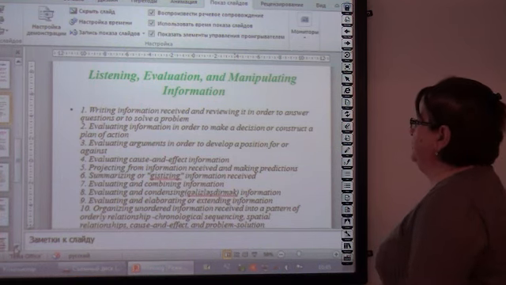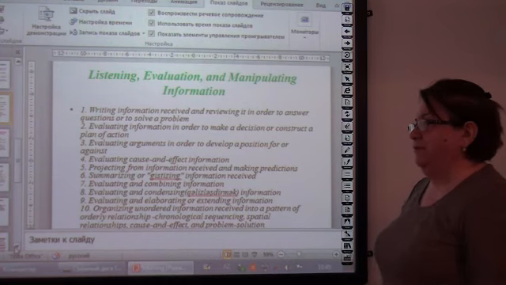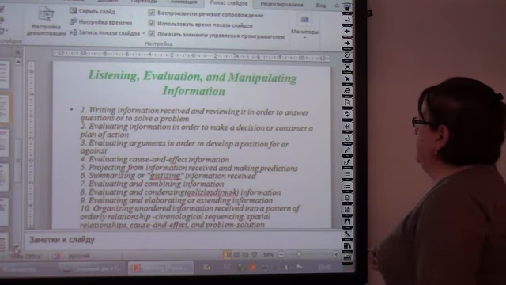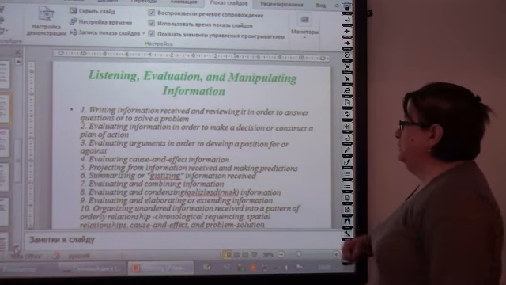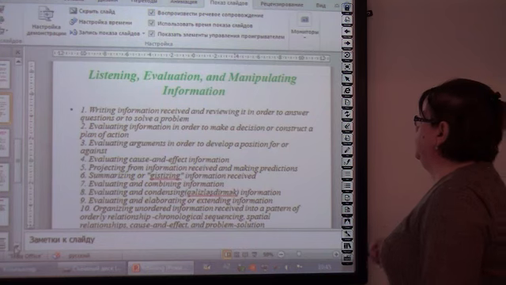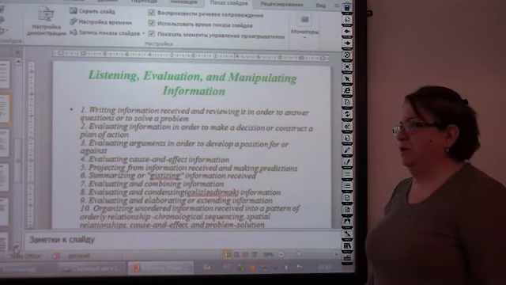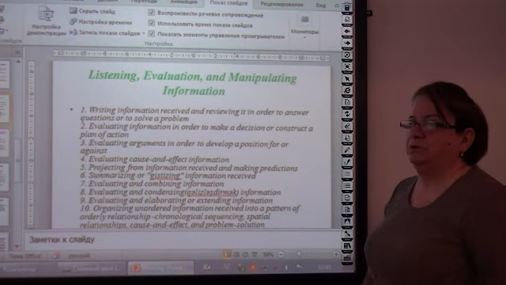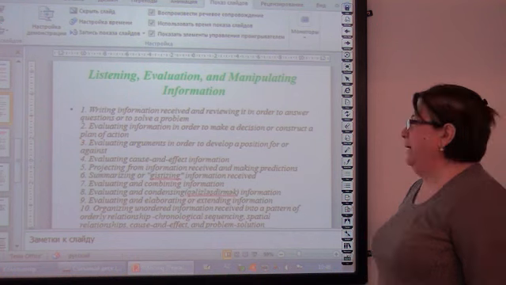Writing information received, reviewing. It means when we write and at the same time listen, we should answer the questions about what we hear. Evaluating information in order to make decisions or construct a plan of action. Evaluating means you are evaluating the knowledge of the students, what they have learned and what they have prepared.